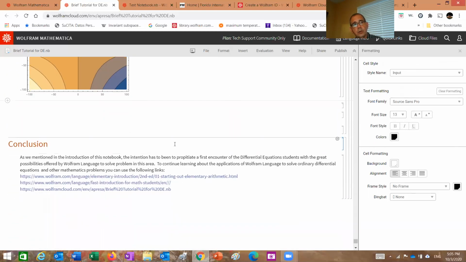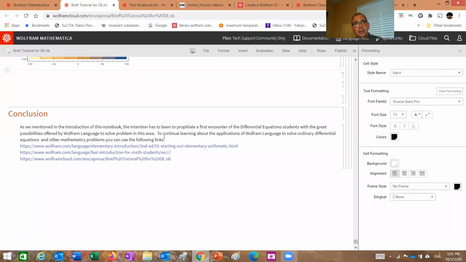And then, conclusion. As we mentioned in the notebook, the intention of this notebook is to propitiate a first encounter of the differential equation student with the great possibilities offered by Wolfram Language to solve problems in the area, and then to continue learning about the applications of Wolfram Language to solve ordinary differential equations and other mathematics problems.